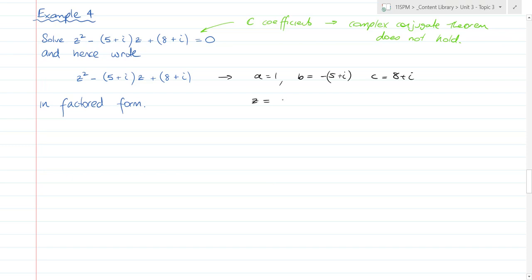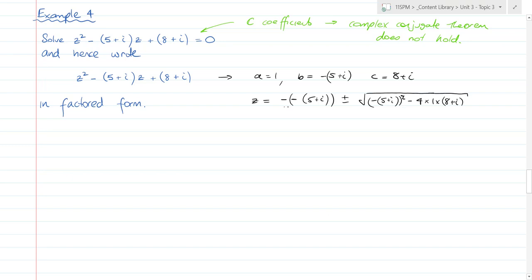z is equal to negative B, which is 5 plus i, plus or minus the square root of B squared, which is negative (5 plus i) squared, minus 4 times A times C, all over 2 times 1.